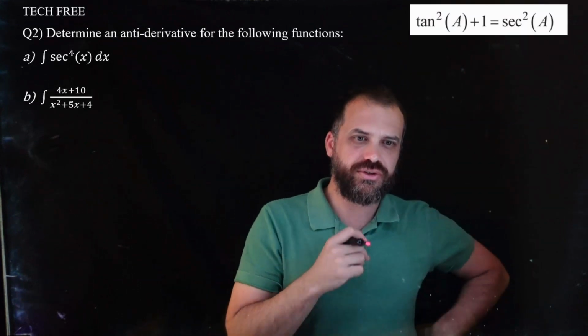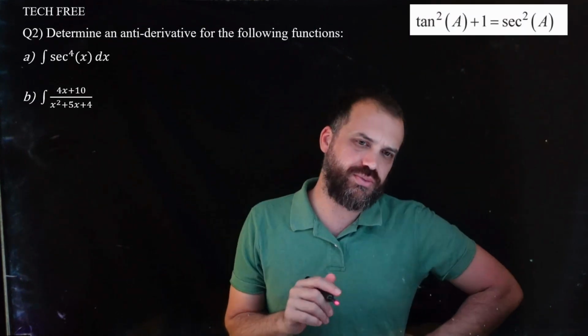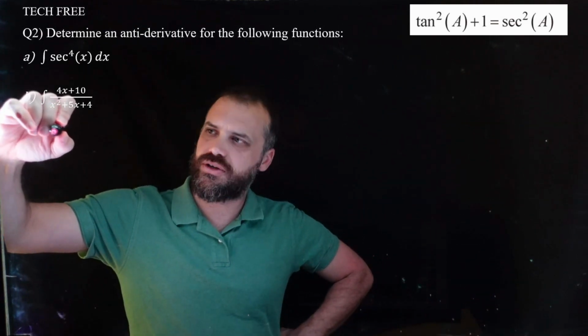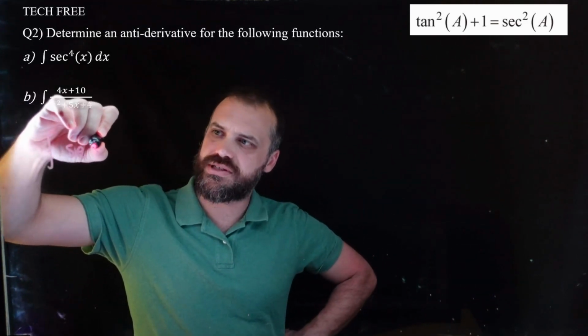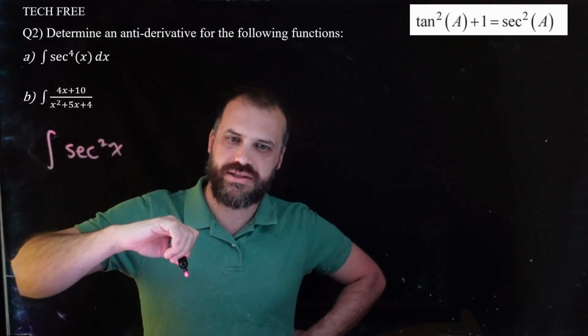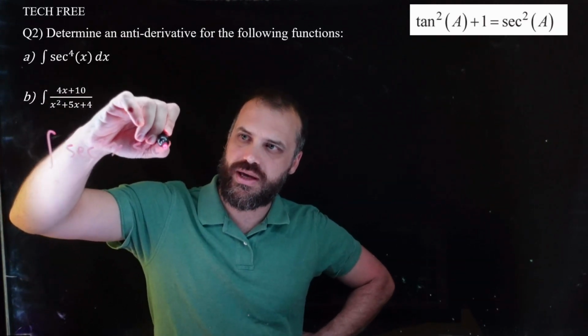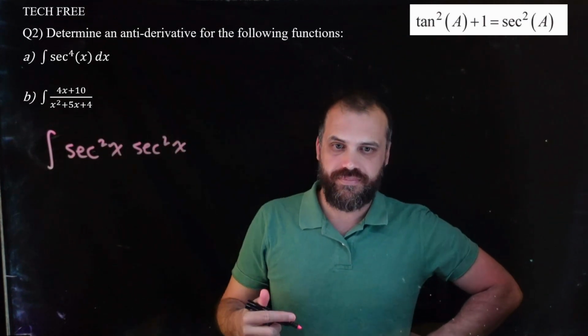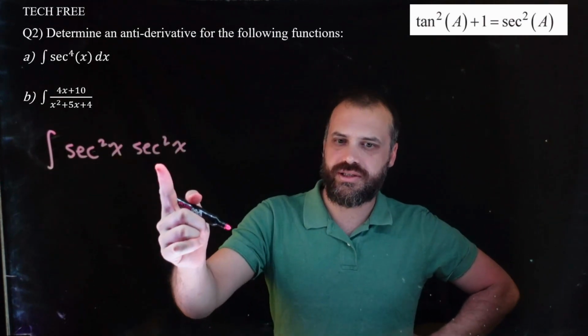So I've taken a look, and I've got this one here, which I think is going to be useful. So I'm going to write the integral of sec squared x, right? Because that's just sec to the 4 x. Now, why am I writing it like this?